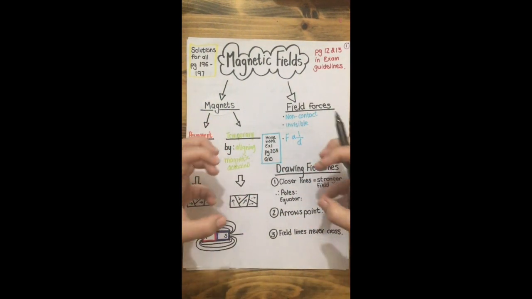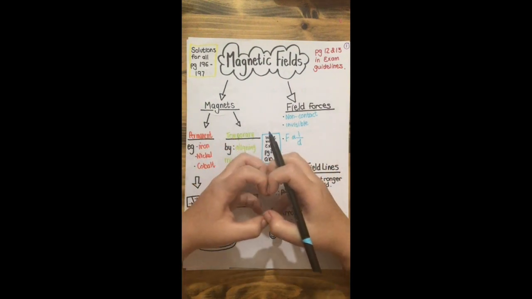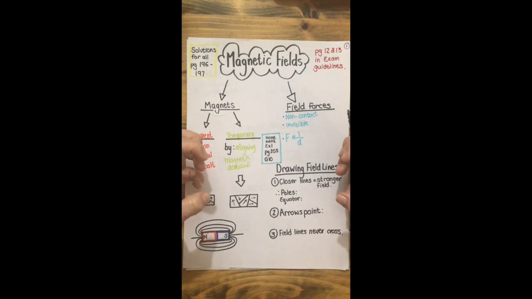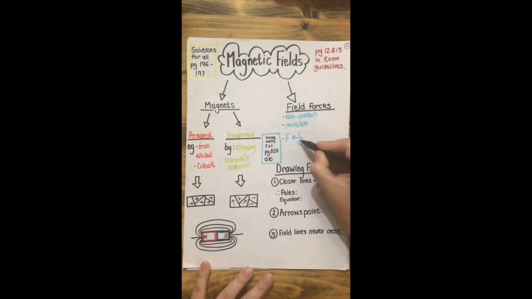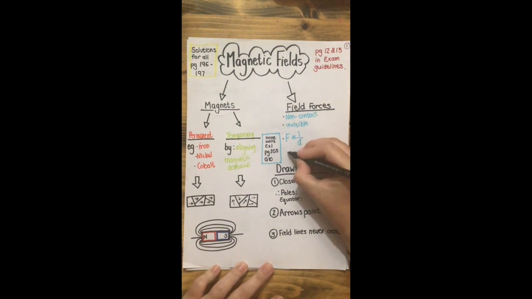The closer, when you have two strong magnets, the closer you try and get them, the harder it is to get them close. Whereas if you have magnets that are further away from each other, there's not as much attraction or repulsion. So our mathematical relationship there is force is inversely proportional to distance.